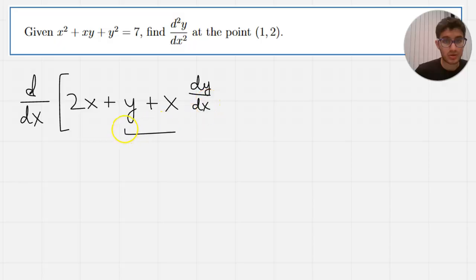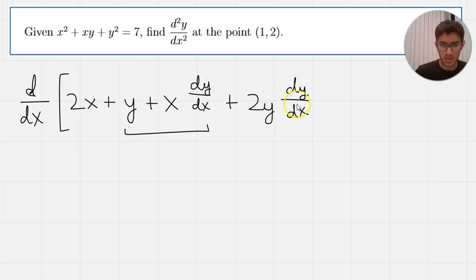This part over here comes from xy. When you're differentiating that with respect to x, we use the product rule, so we get the derivative of x with respect to x, which is 1 times y, so that's just y, plus x times the derivative of y with respect to x, which is dy dx. And then we've got y squared, so this is just going to give us 2y dy dx, and that's by the chain rule.